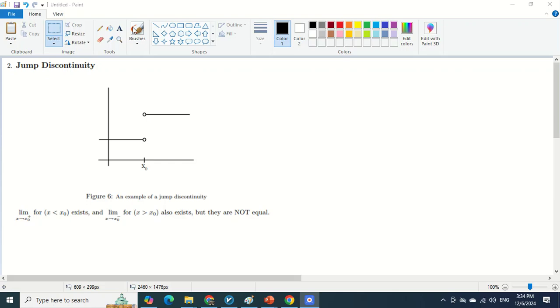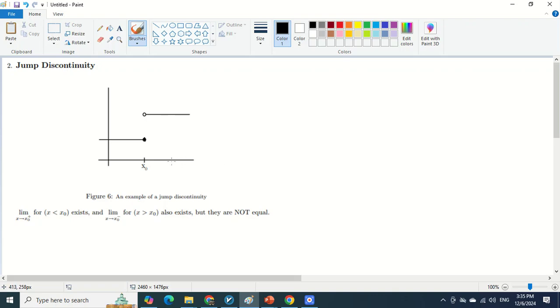If we fill the gap with one of them, for instance, if I give the value for the function at this point, then the function will be continuous from the right side. Or if I put the value of the function at the left by this value and fill the gap, then the function will be continuous at the left. But we cannot define the function such that it's going to be continuous.